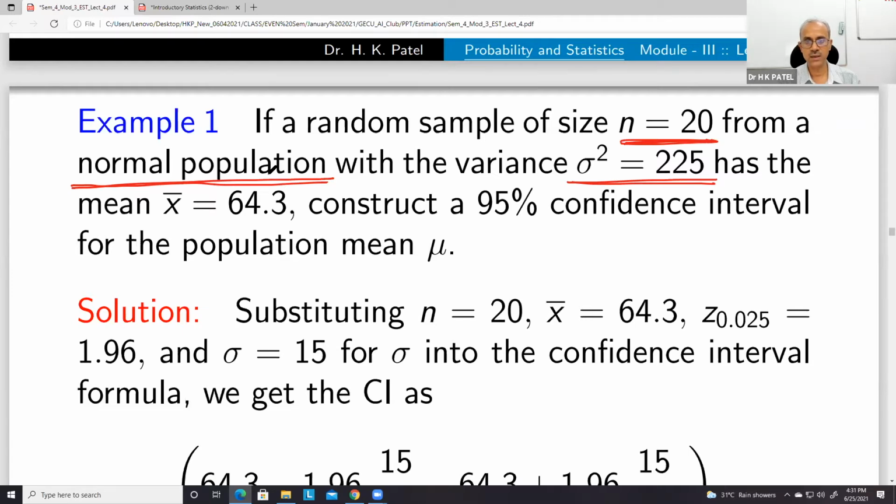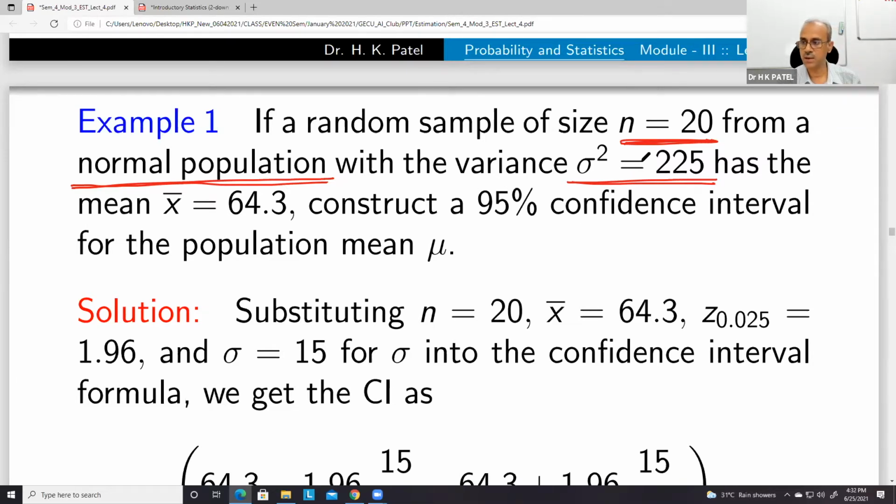So at least one condition is satisfied here. Normal population is there, though the sample is small, no problem. We know the standard deviation. Had it not been known, then we could have used the T curve. But since sigma is given and the population is normal, we can use the Z curve.